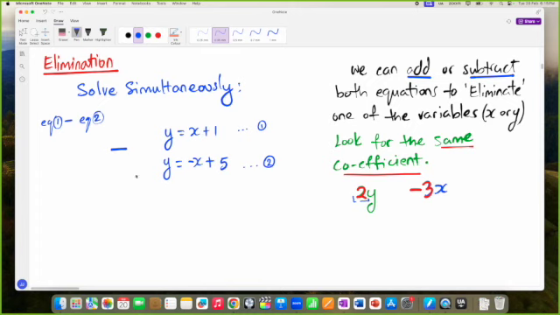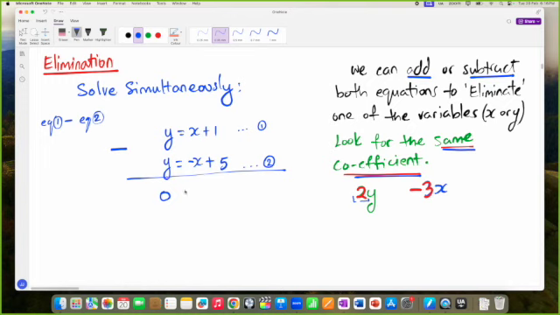Let's see what that will give us. y minus y gives us 0. So we eliminated y. You see why we wanted the same coefficient? Because when we have the same coefficient, we could subtract them and eliminate something.